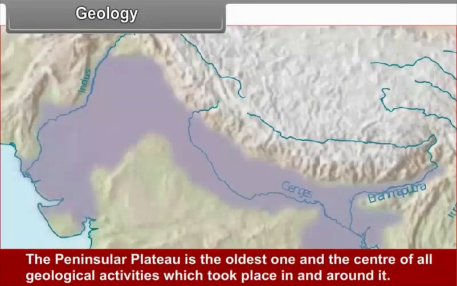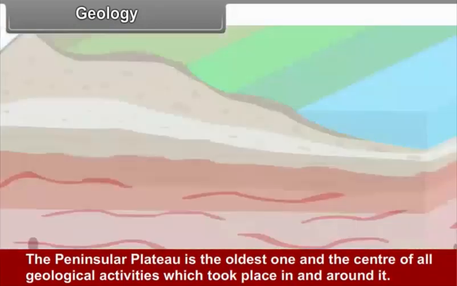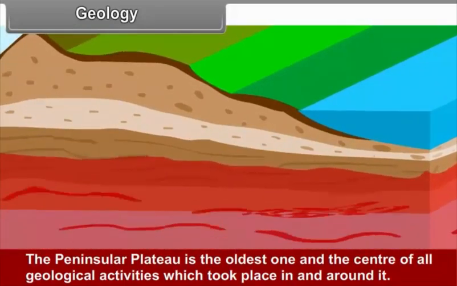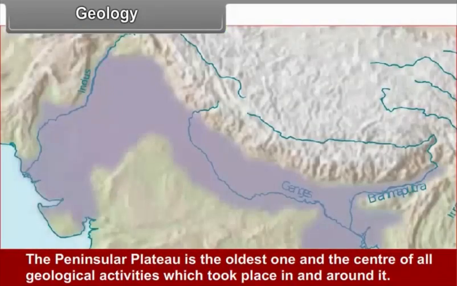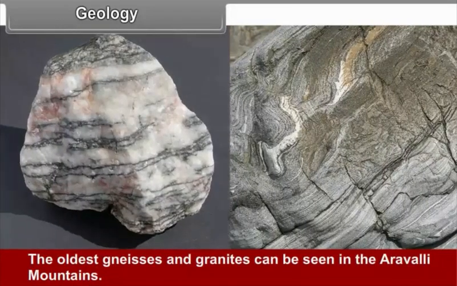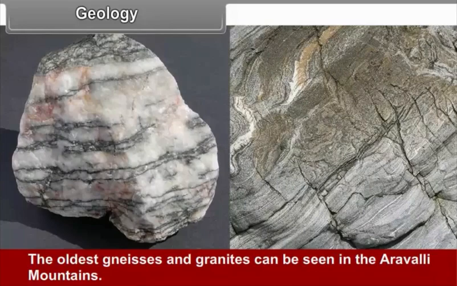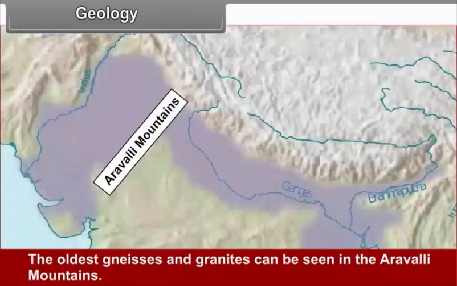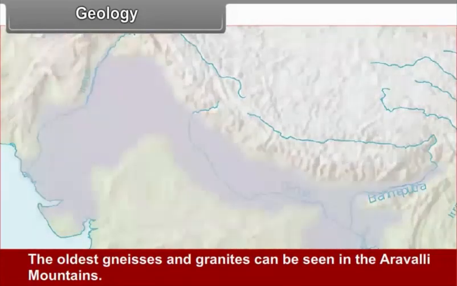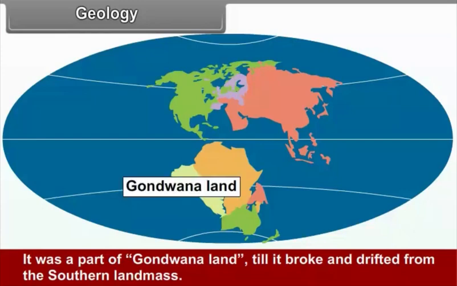The peninsular plateau is the oldest one and the center of all geological activities which took place in and around it. The oldest gneiss and granites can be seen in the Aravalli Mountains. It was a part of Gondwanaland till it broke and drifted from the southern landmasses.